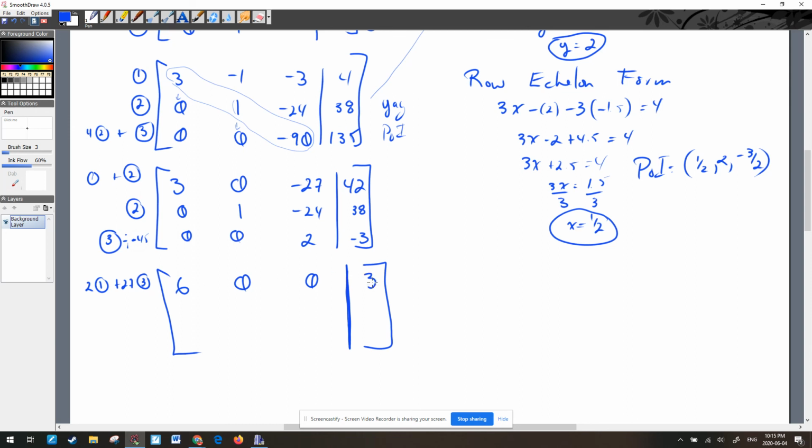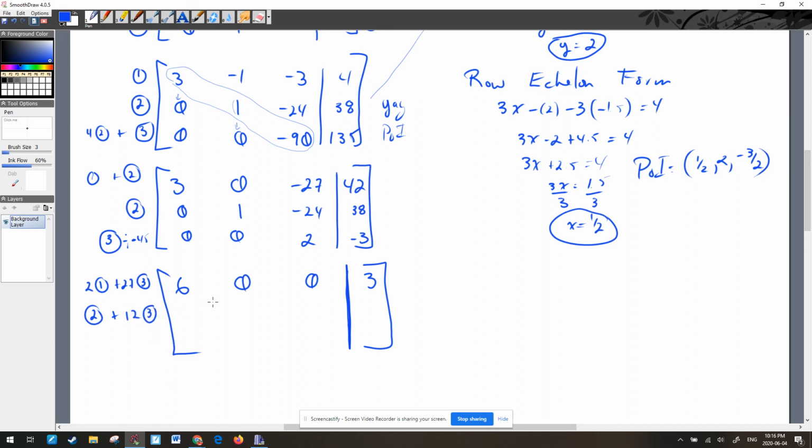Okay, and then row 2 I can't leave alone yet either, because I need to get rid of that. So I'm going to take row 2 all by itself, it's good, and then I'm going to add 12 row 3s.